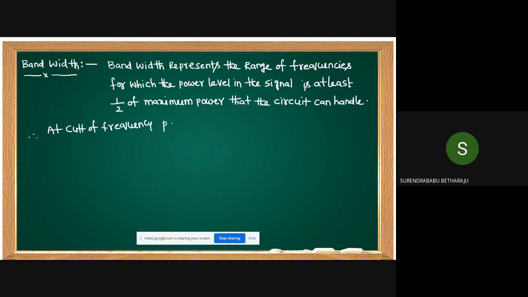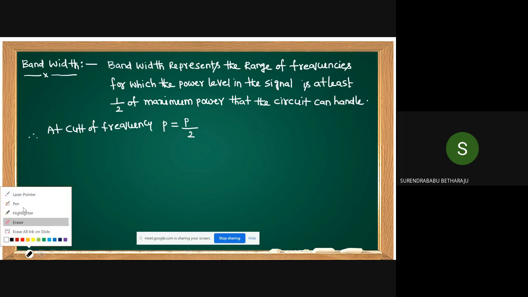P equal to P naught by 2. That is, P naught is the power at resonance, or you take P maxima by 2.